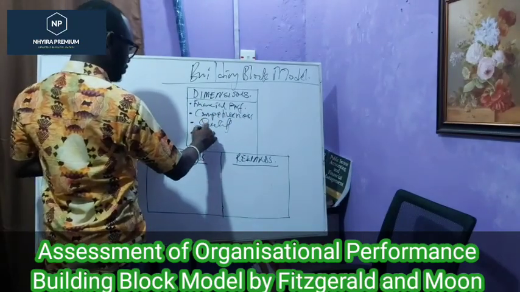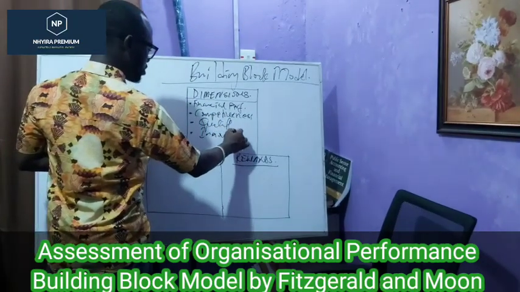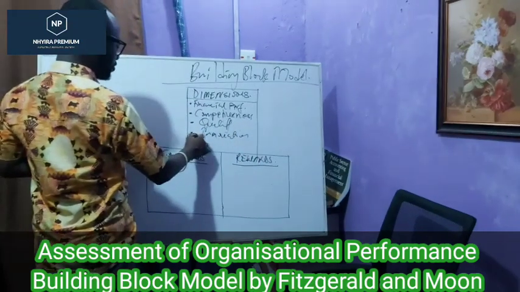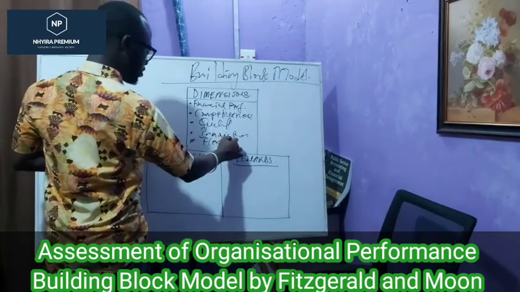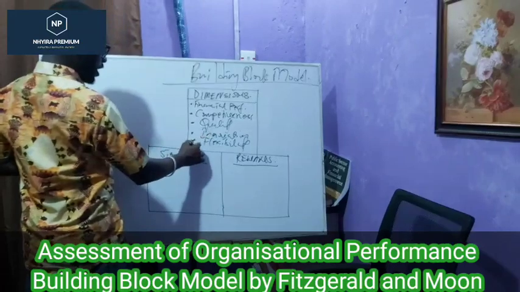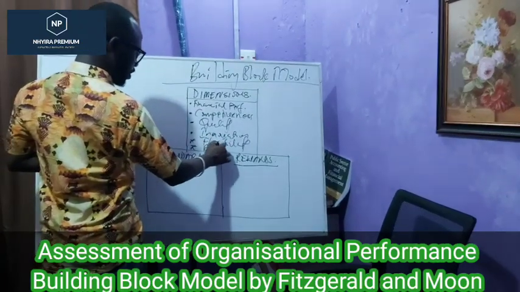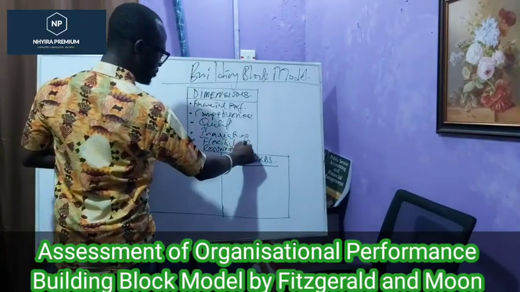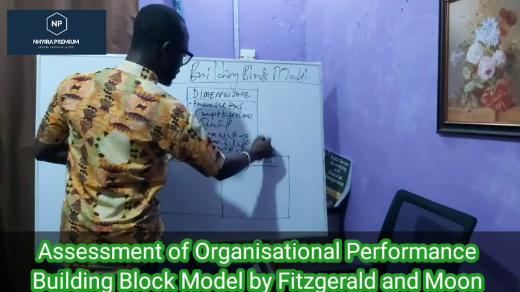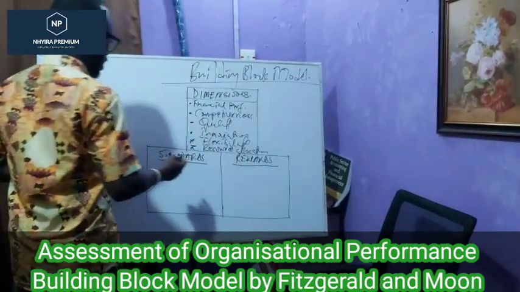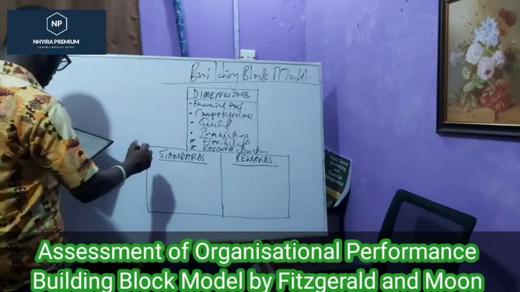We will have innovation. We will have flexibility. And then the last one is resource allocation. So I'm going to be using this diagram to explain these in detail.